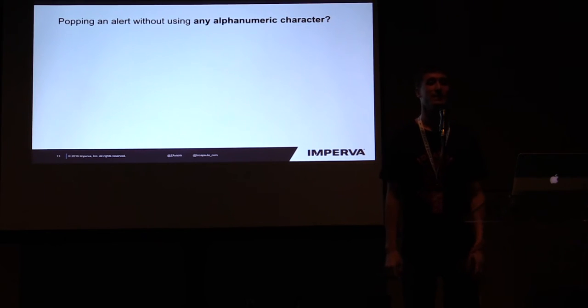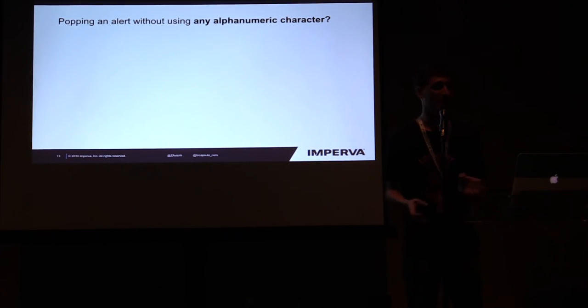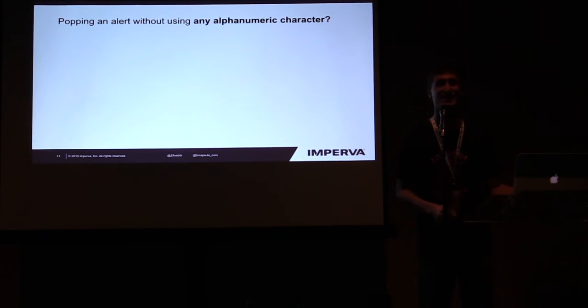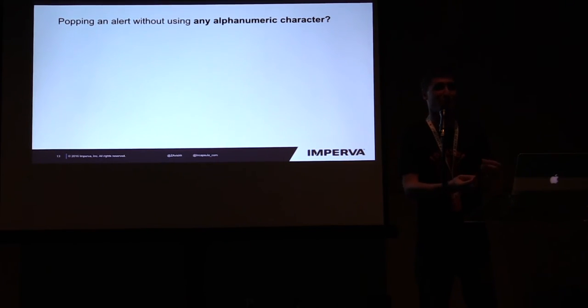Okay. What about this? Could we pop an alert without using any alphanumeric character? Sounds pretty hard, because how do we create alert? I mean, we were close to this when we said, okay, we will use integers, but for using integers, we need to use the function String.fromCharCode. So anyway, we are using alphanumeric characters.